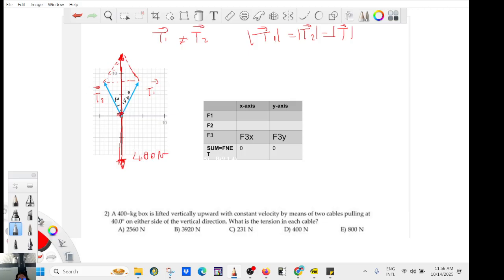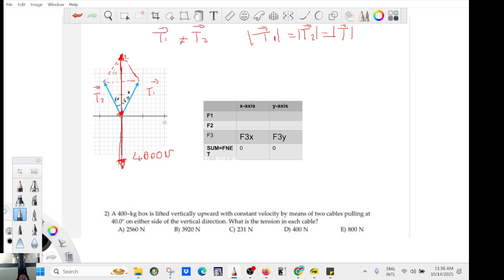So it's a box. You have T1, T2. That's 450, so it's 4,000. Yeah, thank you. You're right. I was checking if you are paying attention. You're right. 4,000 Newton, and this is 400 kilograms.